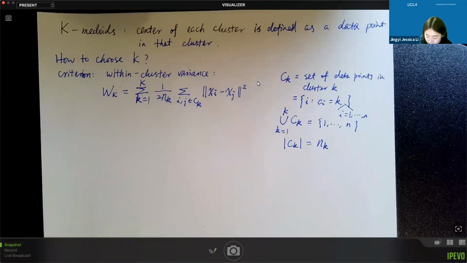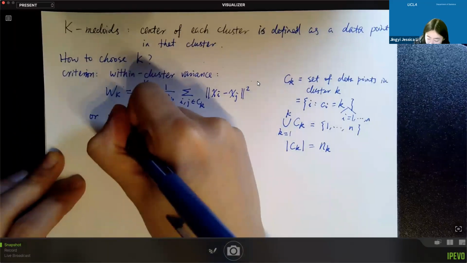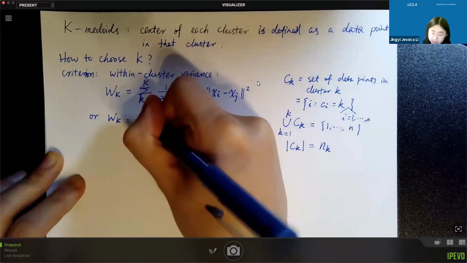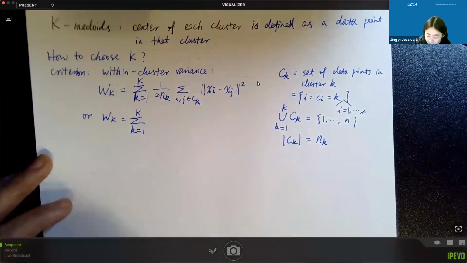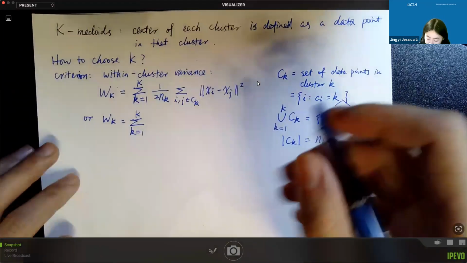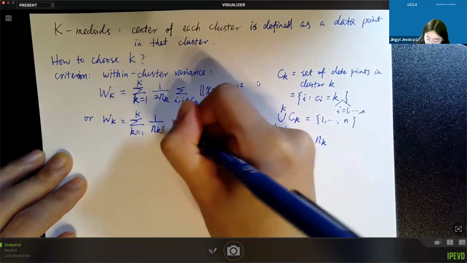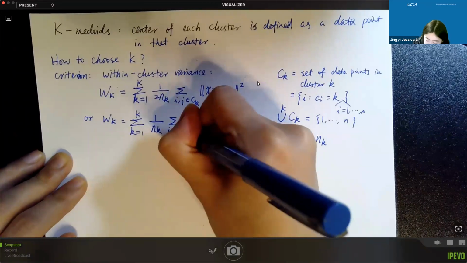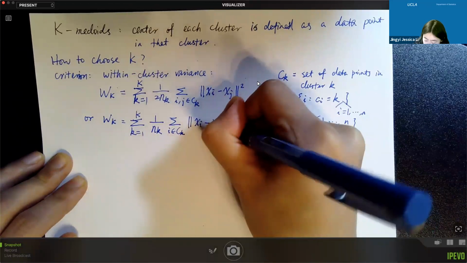So this is one way to define it. Another way is to define it just based on the cluster centers. I'm going to write it down here. This formula and the other one are not exactly equal to each other, but both can be used. We define this as the average over NK, for i in CK, of the distance between each xi and the center.